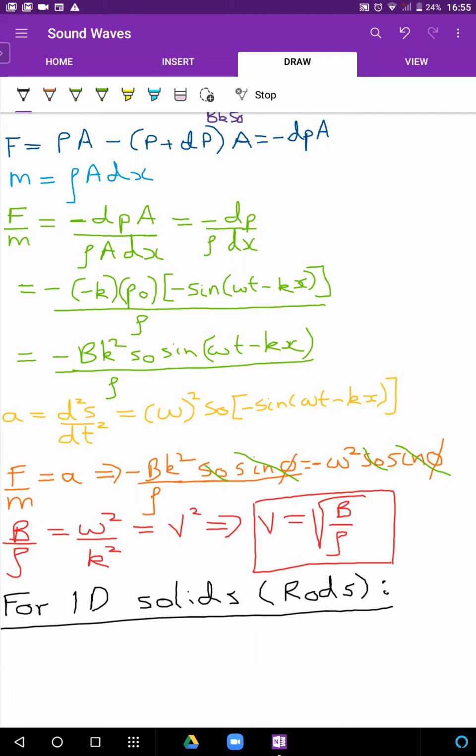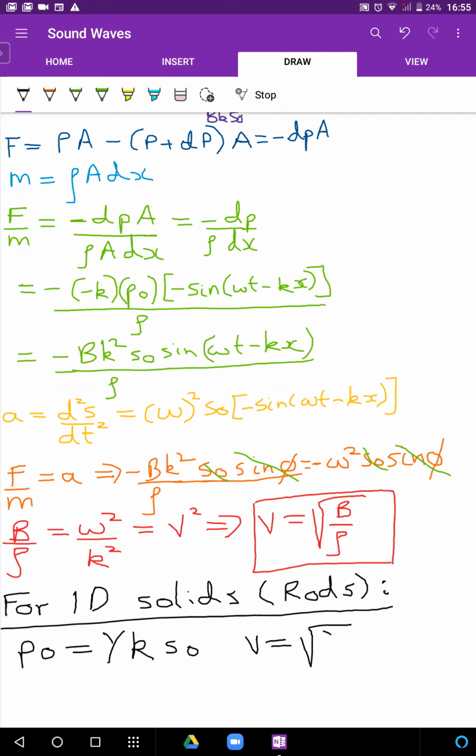you'll find B naught can be replaced with, any guesses? You replace B naught with actually Young's modulus. So you replace with the Young's modulus, and velocity accordingly can also be replaced with velocity, maybe B can be replaced with Young's modulus.